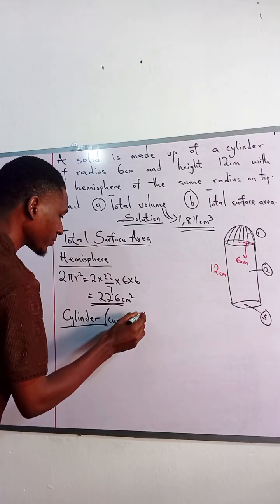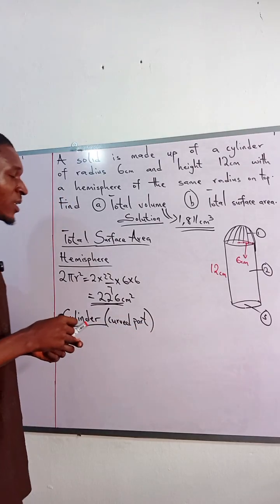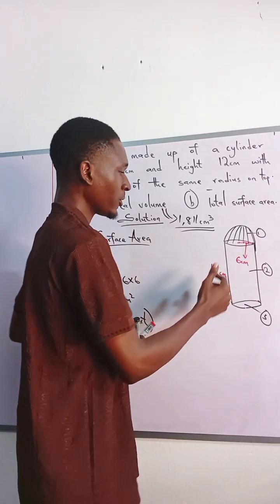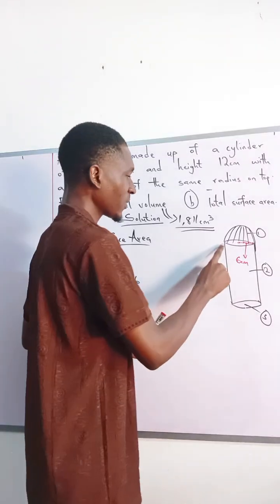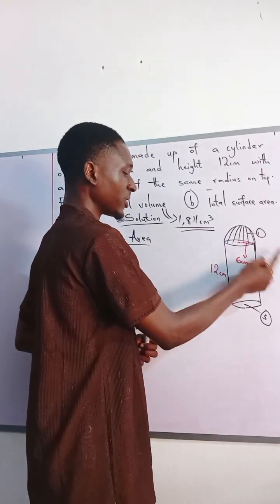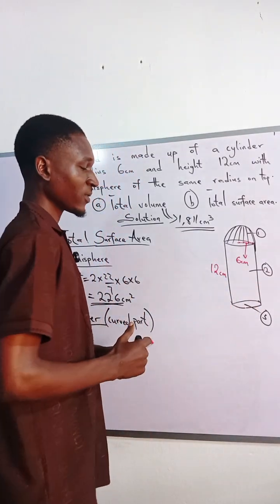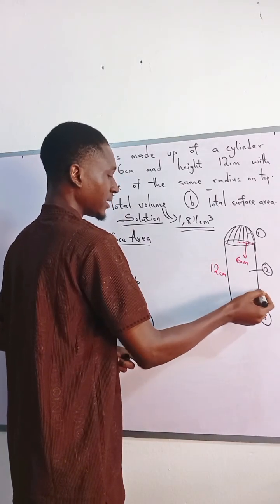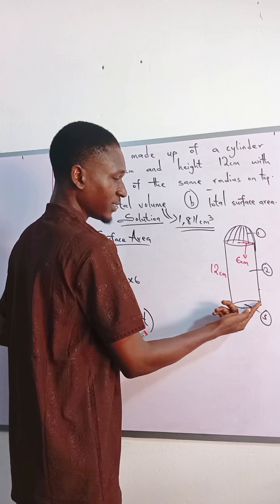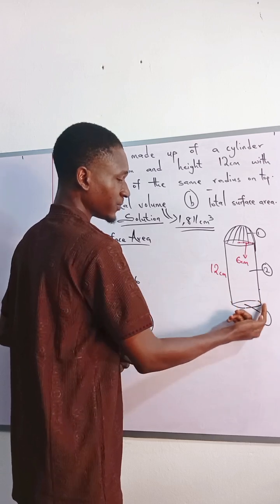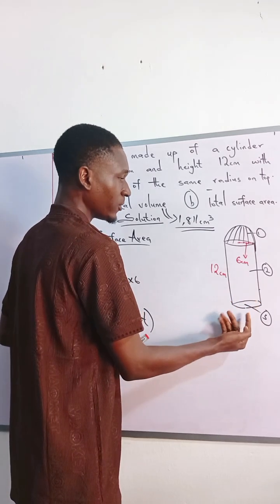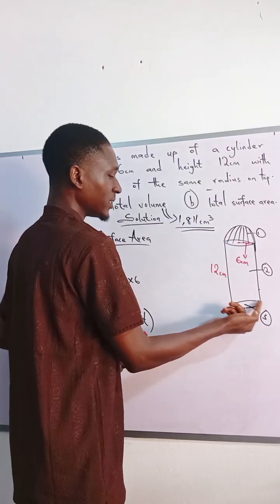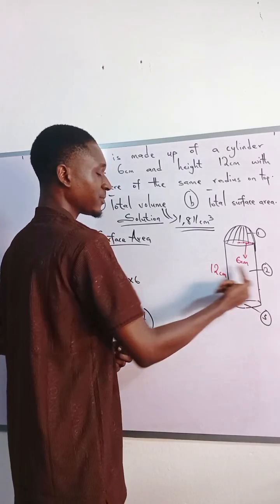To get this curved part, we are going to use the circumference of this circle. The length from here around this cylinder is going to be the circumference of this circle, because that circle moves up to this place.